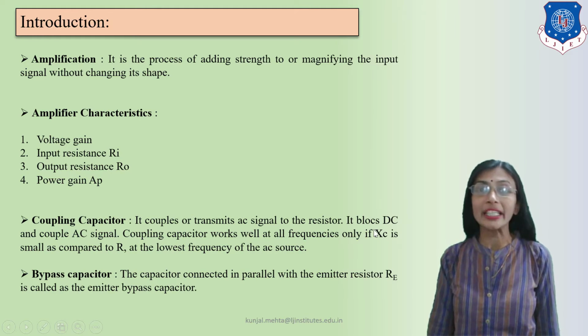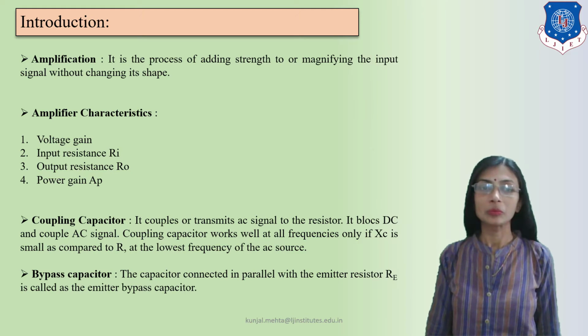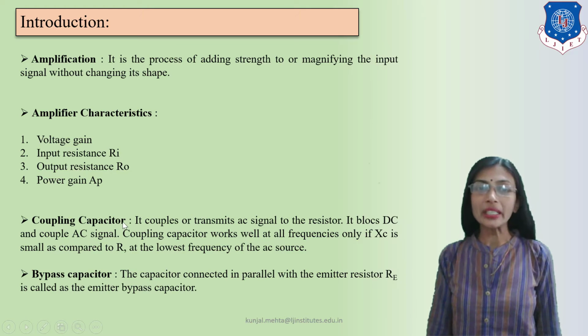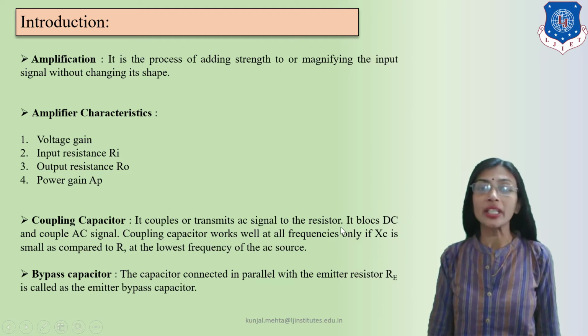At the input side, it blocks the DC and couples the AC signal. The definition of coupling capacitor is that it couples or transmits AC signal to the resistor and blocks DC and couples AC signal.